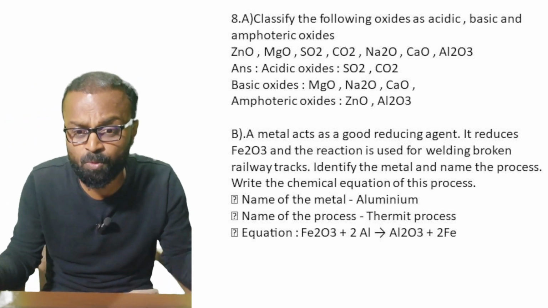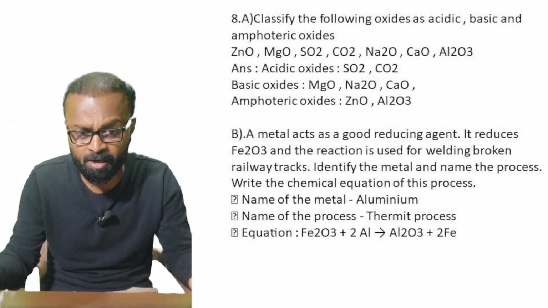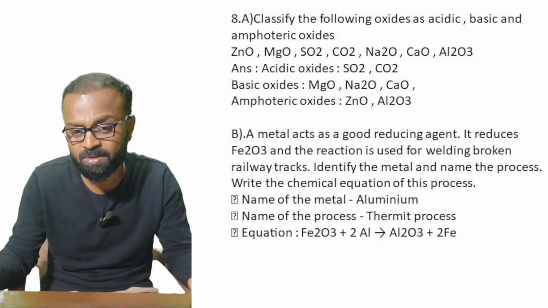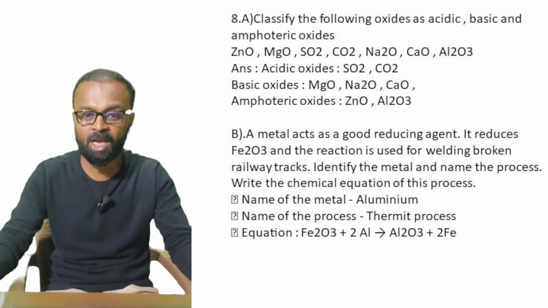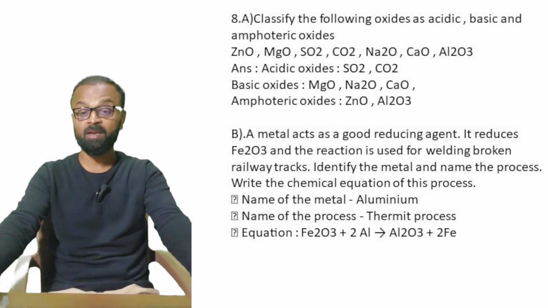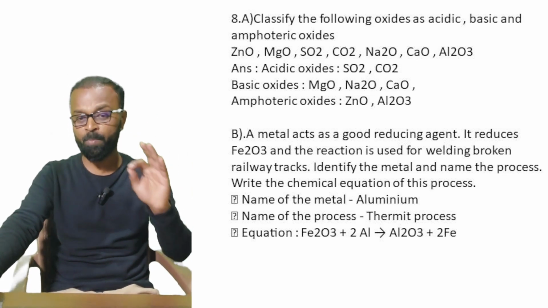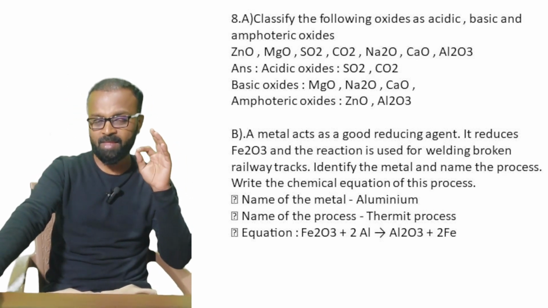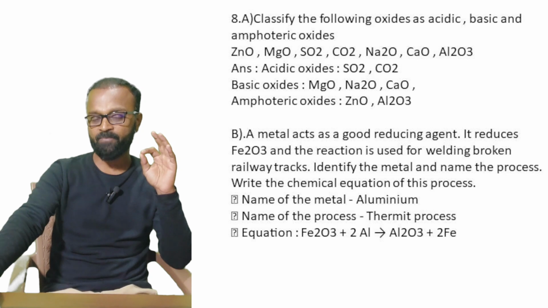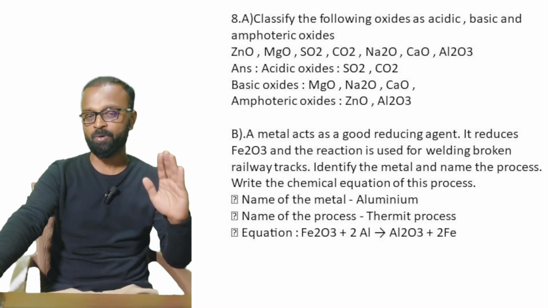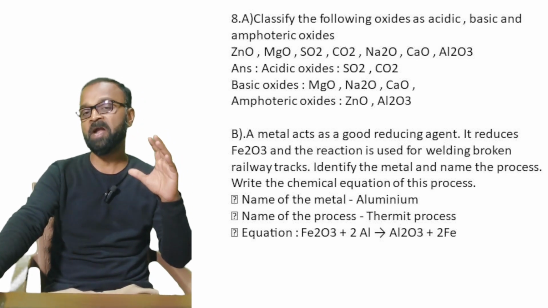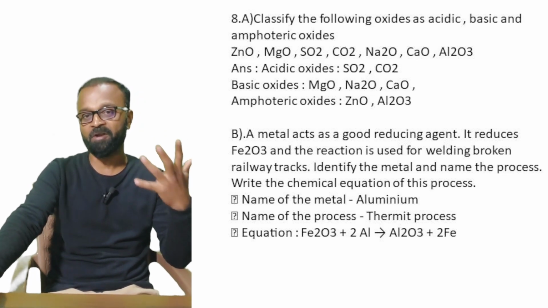Metal acts as a good reducing agent. It reduces the ferric oxide, and this reaction is used for welding broken railway tracks. Identify the metal and name the process. Remember, the metal will be aluminium, and when aluminium and ferric oxide react, you cannot imagine how much heat is generated.